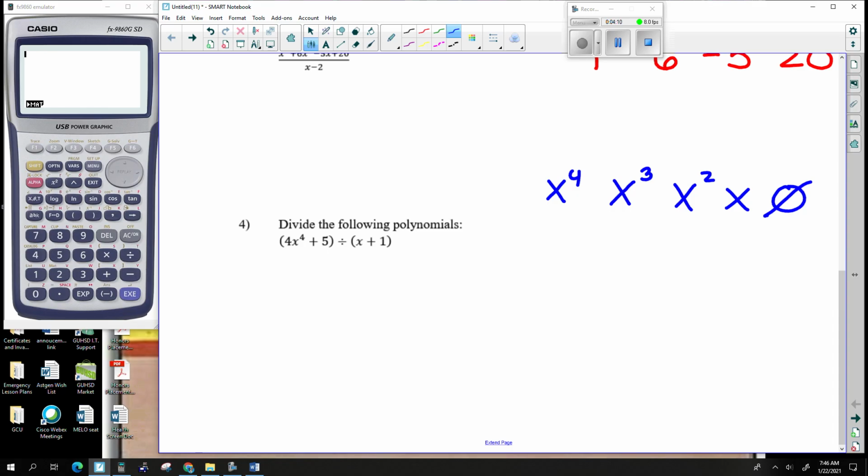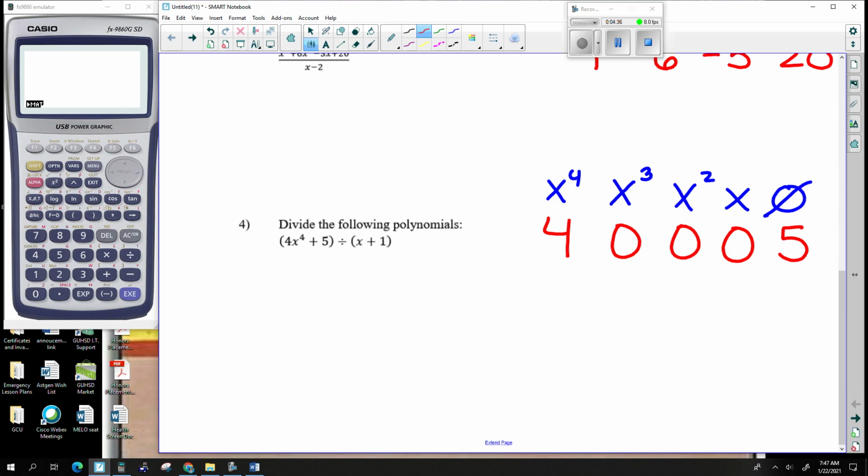The number next to the x to the 4th in this problem is 4. There is no x to the third, so technically there's a 0 next to it. There is no x squared, so technically there's a 0 next to it. There is no x, so again, technically there's a 0. And the normal number is positive 5.